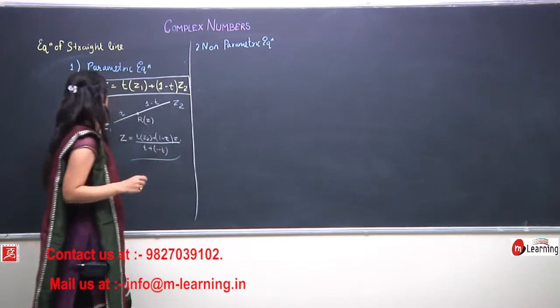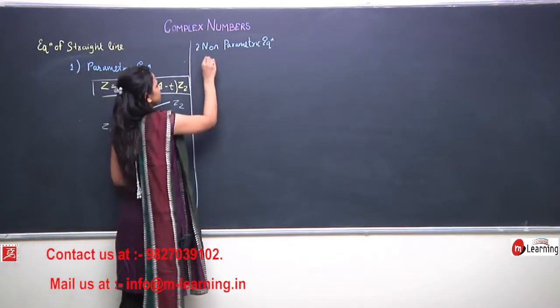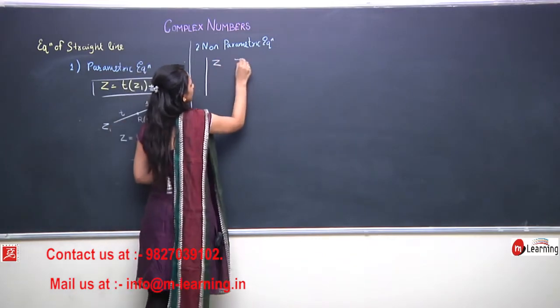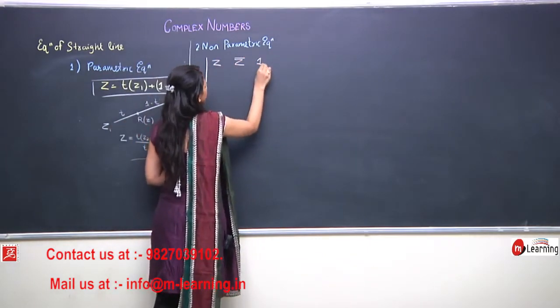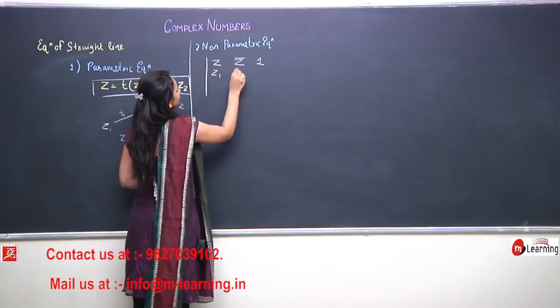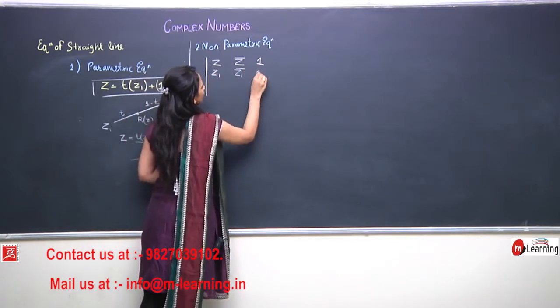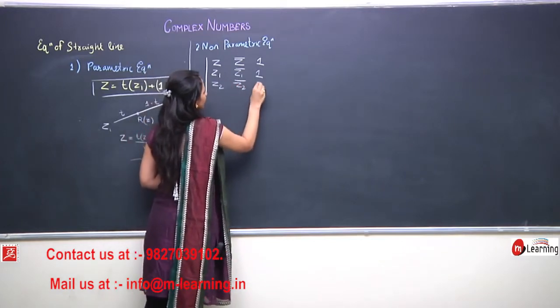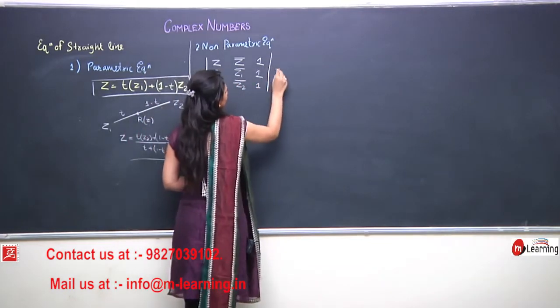The non-parametric equation for a straight line can be derived by solving this determinant, that is z, z bar, 1; z1, z1 bar, 1; and z2, z2 bar, 1 equals to 0.